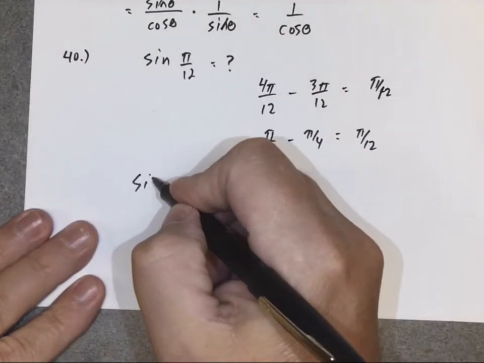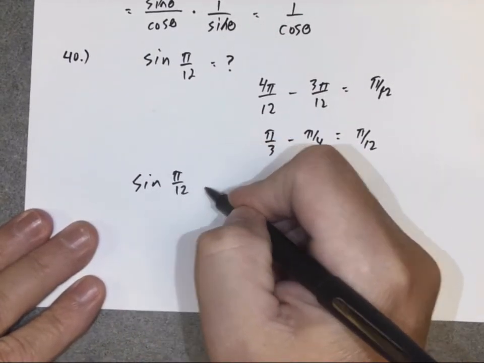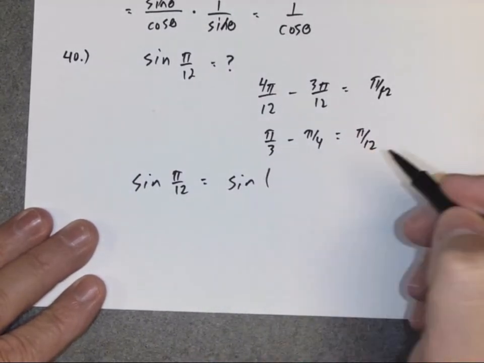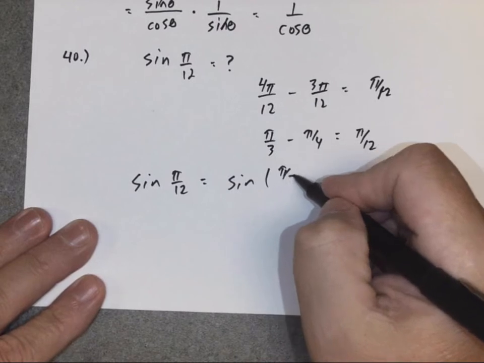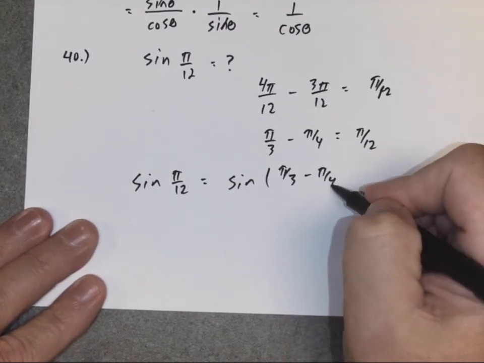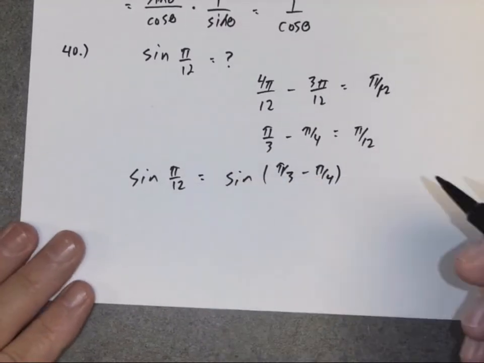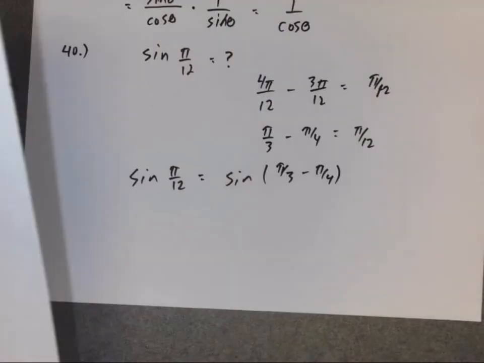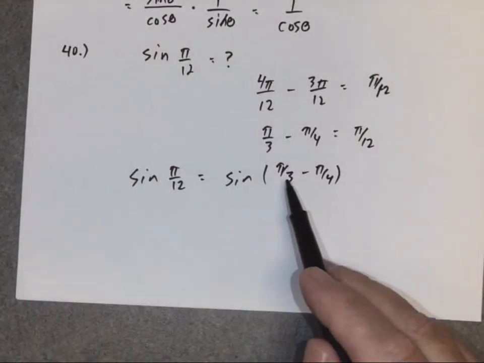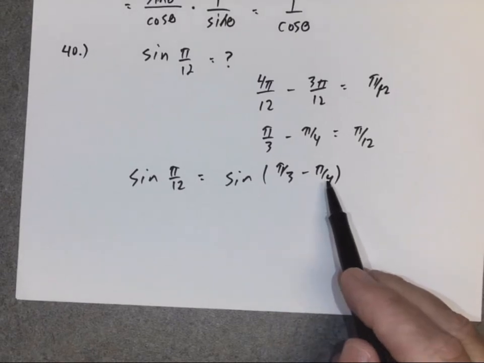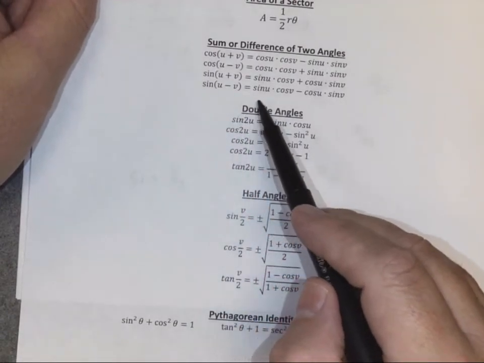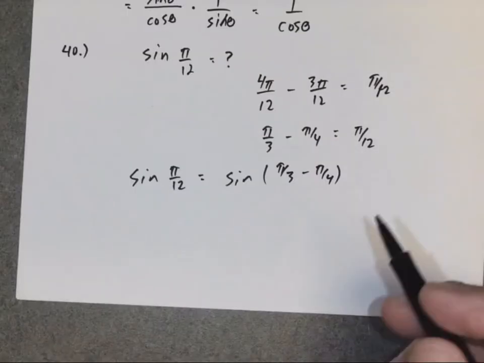Therefore, my original problem, I can now rewrite like this. And then I go and I look for the formula on the sheet. Looks like I've got a sine of an angle minus an angle. When you have a sine angle minus an angle, there's the formula.